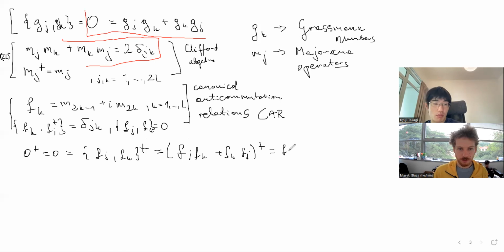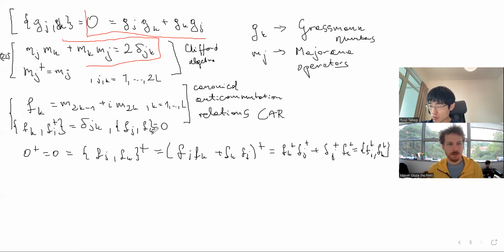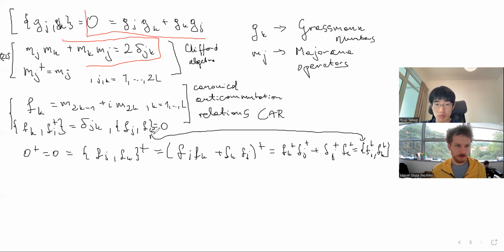So basically the first one will be f_k dagger f_j dagger plus f_j dagger f_k dagger. So I get from this the anti-commutator of the adjoints. So basically this and this are related. I can derive one from the other, so I'm not putting the daggers here.